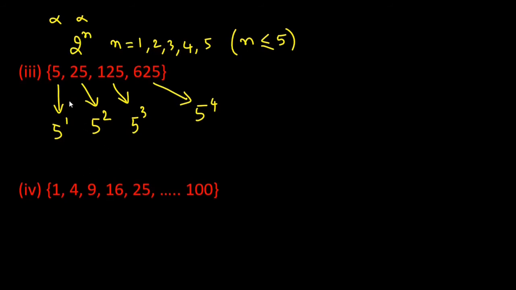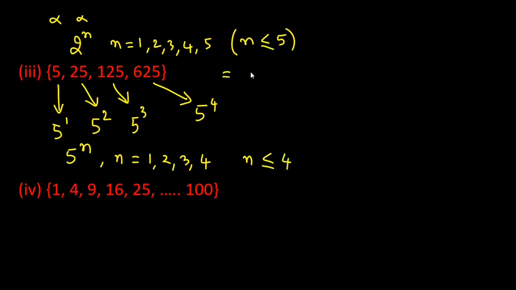So in general it can be written as 5 power n. n takes the values 1, 2, 3, 4. So n is less than or equal to 4.